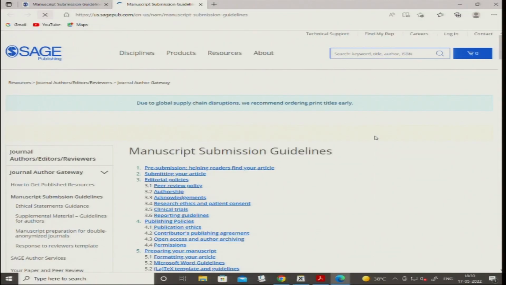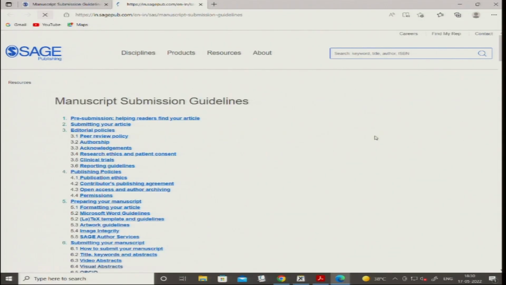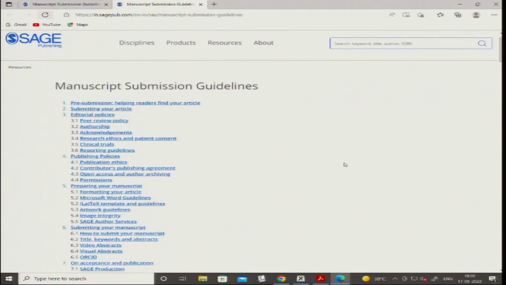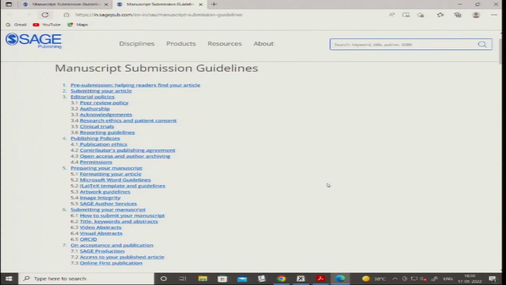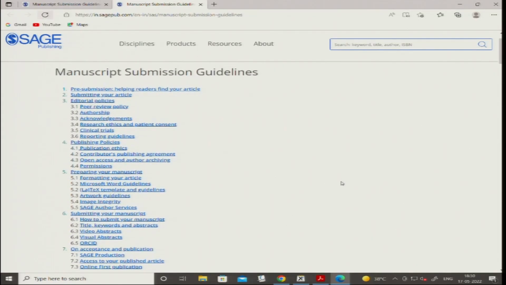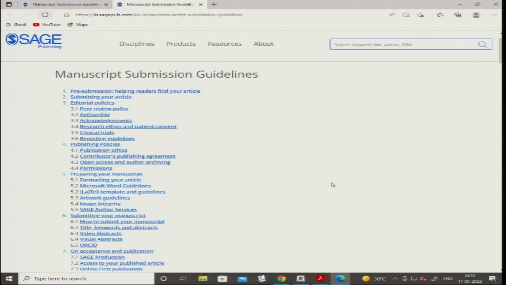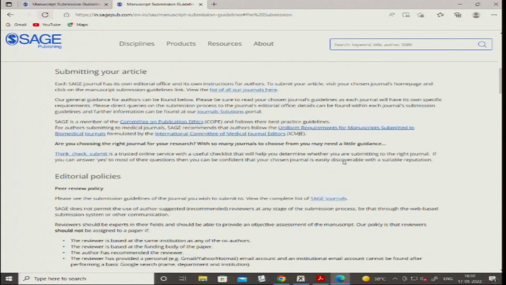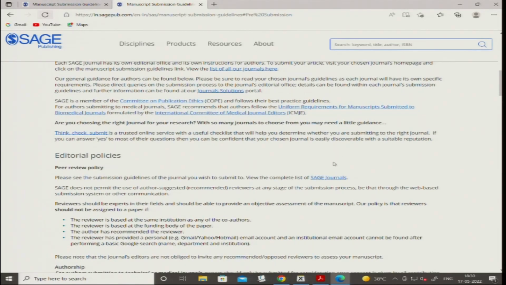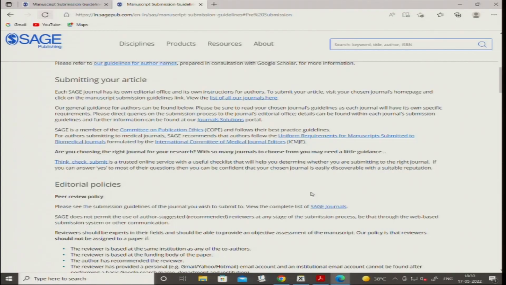So I am using here for the teaching and learning process this Sage document. Okay, so as you can see here, there are submission guidelines. It involves 7 different steps, right? So pre-submission, helping readers find your article, that we will also discuss further. We check how to submit your articles. Here are the conditions, the editorial policies, the licensing, where this journal is listed.